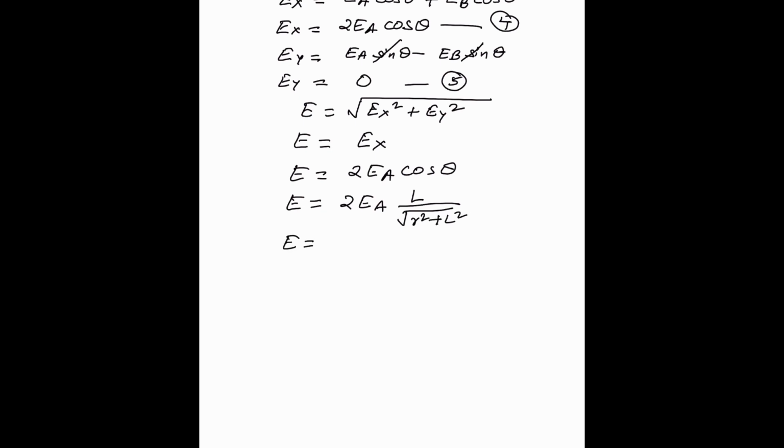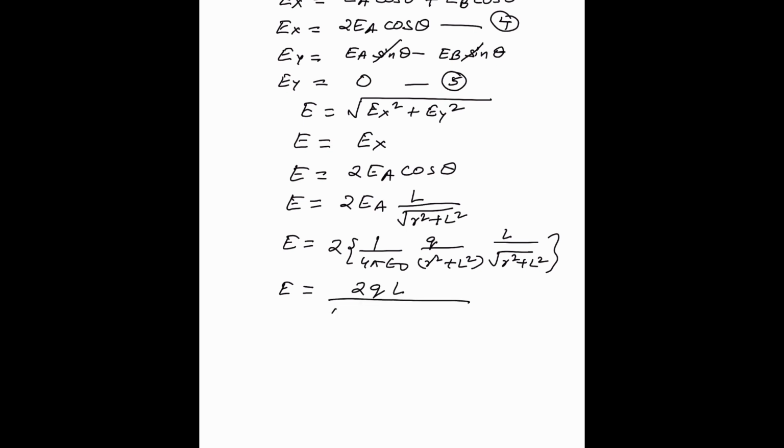And the value of EA was equal to 1 by 4 pi epsilon 0 Q upon R square plus L square. So the value of E will become equal to 2QL divided by 4 pi epsilon 0 into R square plus L square to the power 3 by 2.